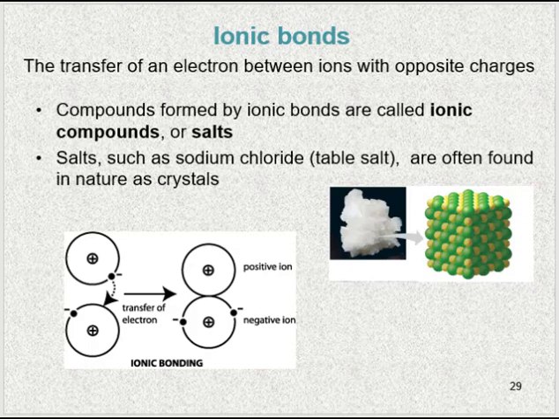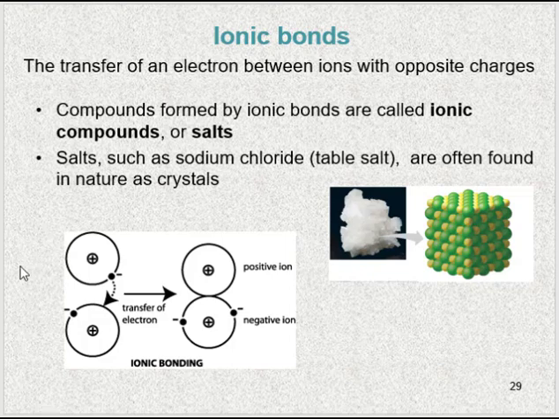Now, when an ionic bond occurs, atoms transfer or move electrons from one atom to the next to obtain an optimal stable state. This movement of electrons is called an electron transfer. Take a look at this image down here on the left.